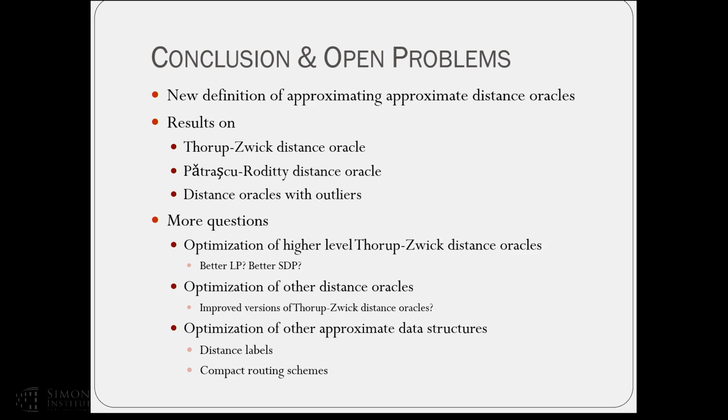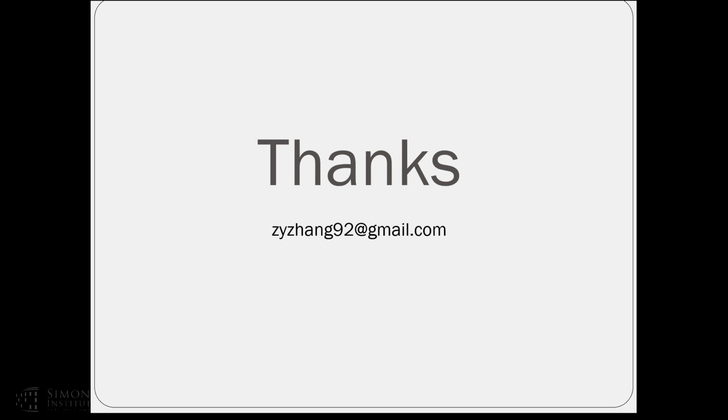Can we have a better LP or better SDP? Another question is, can we optimize other distance oracles, like improved versions of the throughput distance oracle? And a more general question is, can we do optimization of other approximate data structures? Actually, our definition can be used on those data structures, like distance labels or compact routing schemes. And thanks, that's all about our paper.